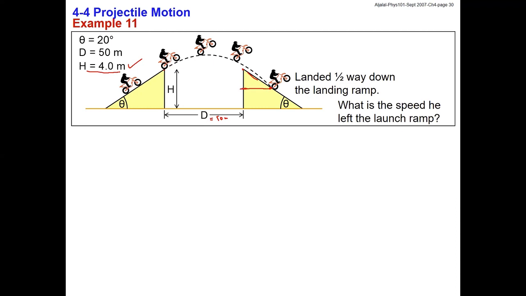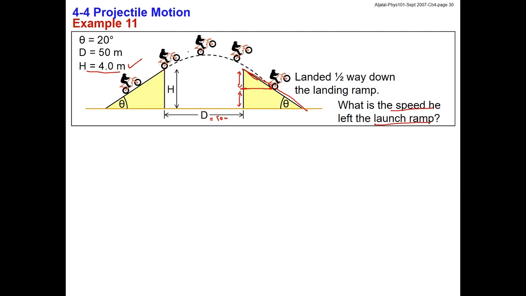So the gentleman is landing halfway down the landing ramp. This is h over 2 and this is h over 2. So if the gentleman wants to land here, what should be his launch speed when he left this?